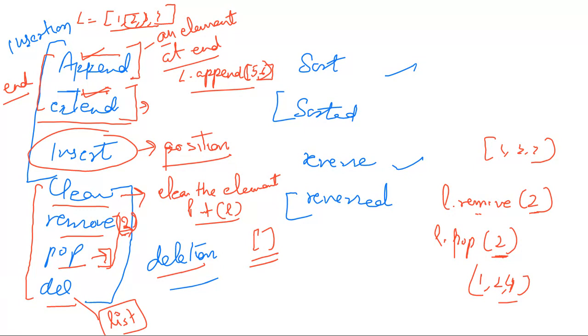Now by default, if you are not going to give any kind of index value, you simply write L dot pop. So it by default will remove the last element, the last index value. Clear? So the deletion case is also clear to all.